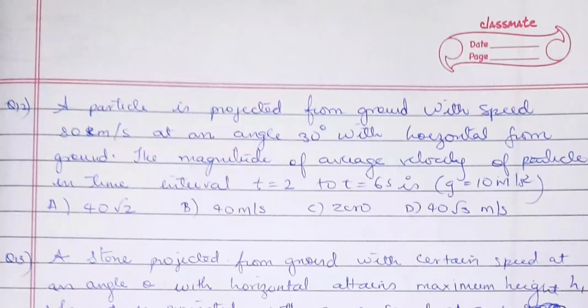The magnitude of the average velocity of the particle in the time interval t equals 2 to t equals 6 seconds is how much?